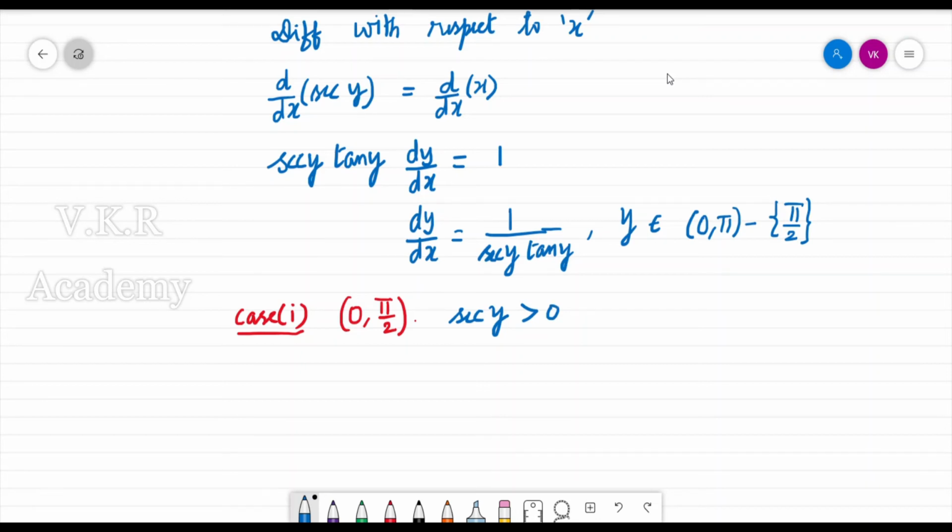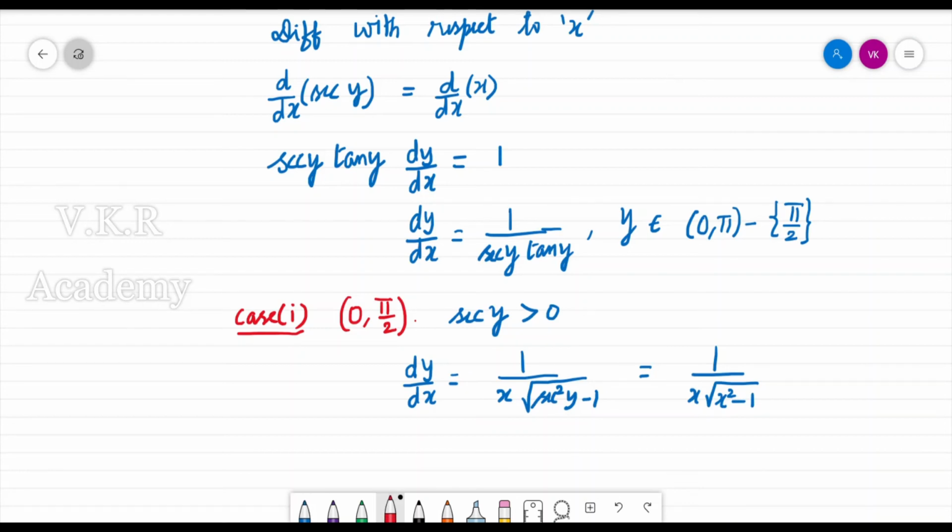So dy by dx is equal to 1 by x into root of secant squared y minus 1, that is equal to 1 by x into root of x squared minus 1.